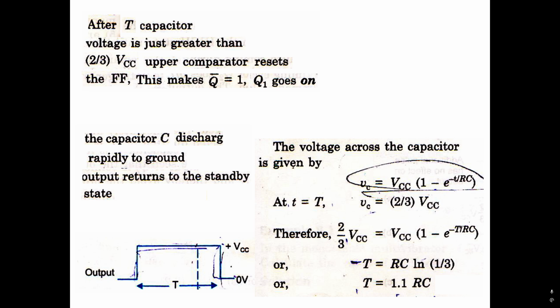So equating these two, 2/3 VCC equals VCC times (1 minus e to the power of minus T by RC). When you simplify this equation, you get T equal to RC natural logarithm of 3, or time period T equal to 1.1 RC.